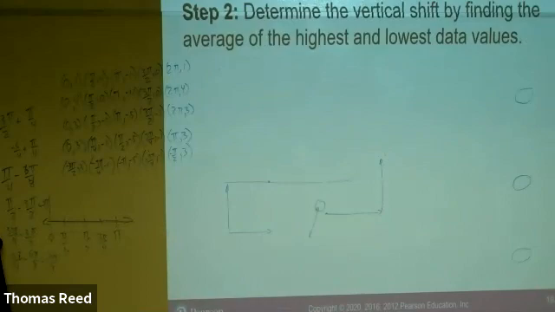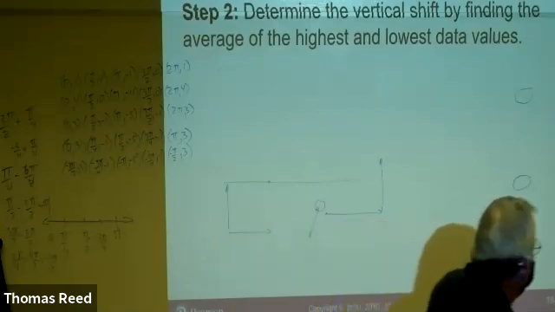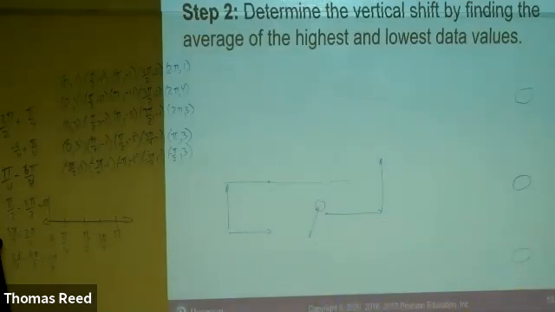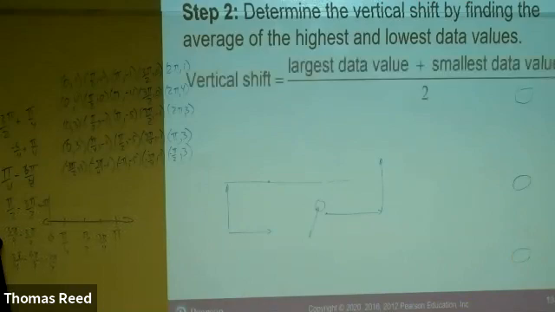So determine the vertical shift by finding the average highest and lowest values. And that's what I did. Highest and lowest values. And, oh, the average. So dividing by 2, so that gives us, yeah, that's right. Okay. I see that. And so that's going to be 26.2. Oh yeah, because that's supposed to be a 2 here.